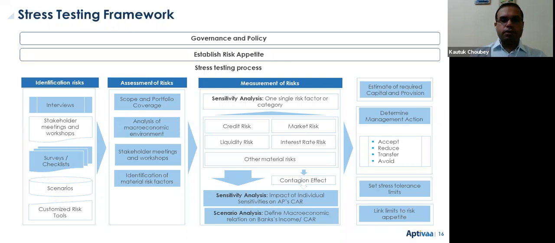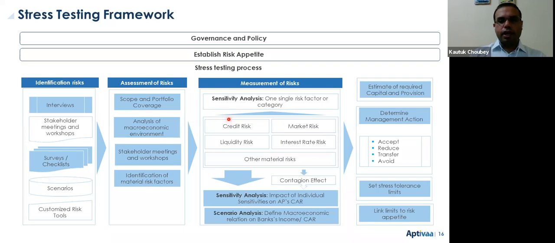It may be the case that with every dollar dip in oil price, you may have an increased risk, which would be reflected via your probability of default, and which would then translate into your increased provisions and your increased capital as well. So that's basically how the sensitivity analysis is undertaken before the scenarios are designed.